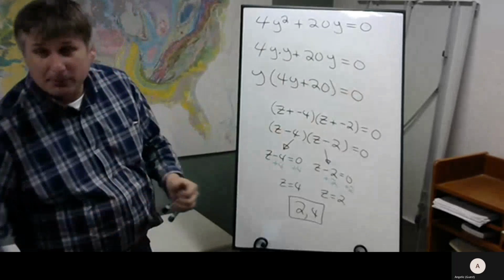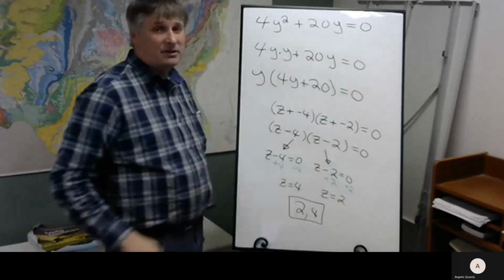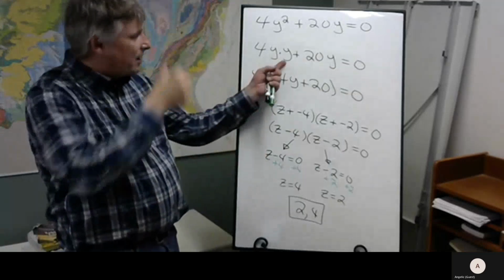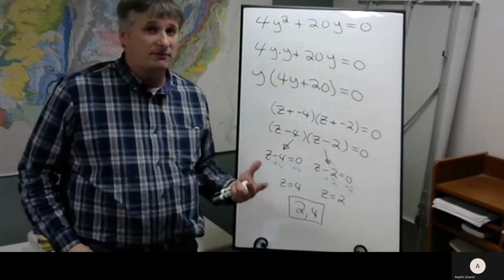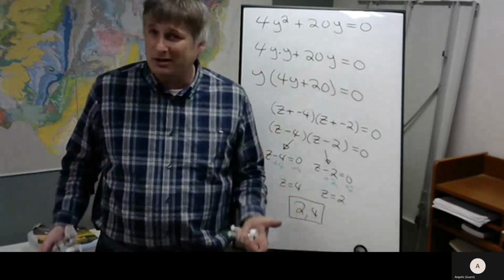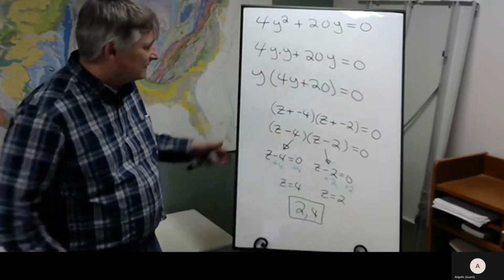So sometimes you're able to factor a variable out if the variable is on every term in the equation. Now this equation only has 2 terms, but we do have a y on each term. So that means we can factor it out. If there was like a +3 here, well, that 3 would not have a y attached to it. So we couldn't do this trick.